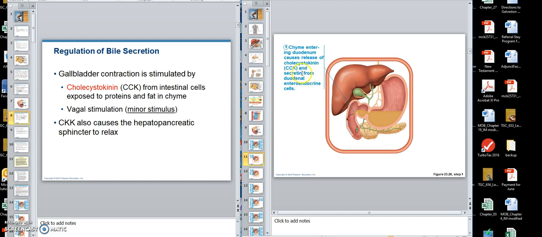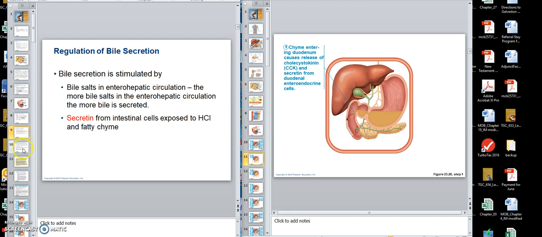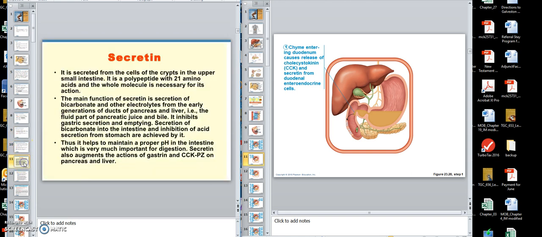Okay, CCK and secretin. So before we do that, let's talk about secretin. Secretin is secreted from the cells of the crypts of the upper small intestine. It's a polypeptide. The main function of secretin is secretion of bicarbonate and other electrolytes from the pancreas. So secretin stimulates the pancreas to release that bicarb we've been talking about.